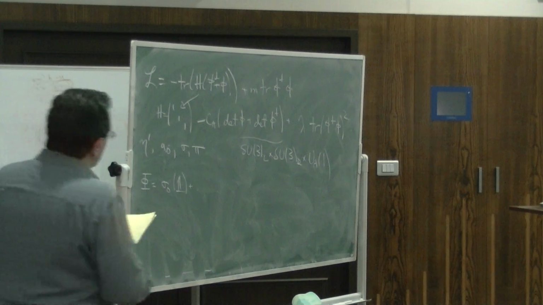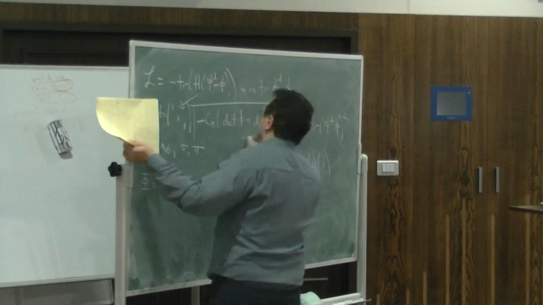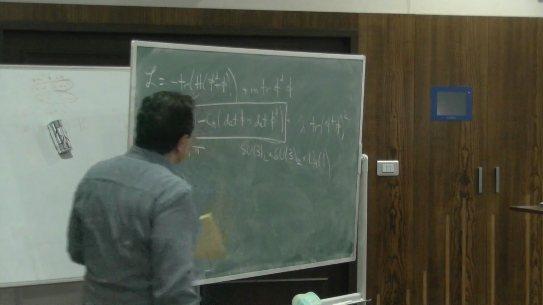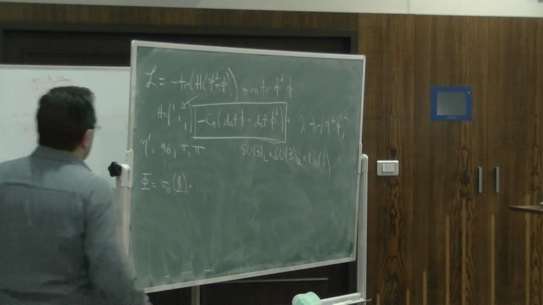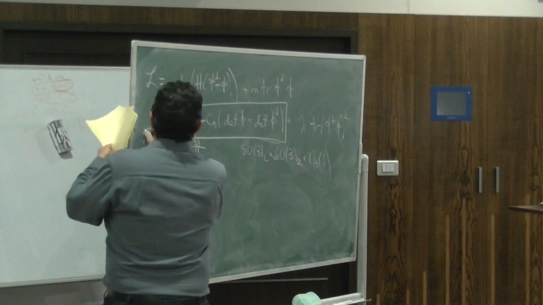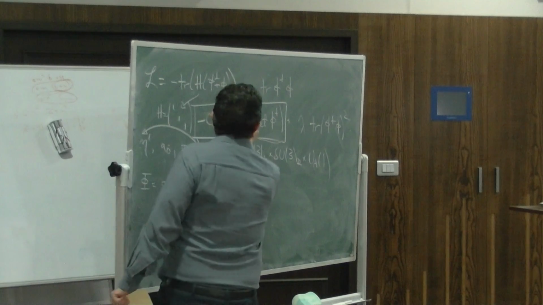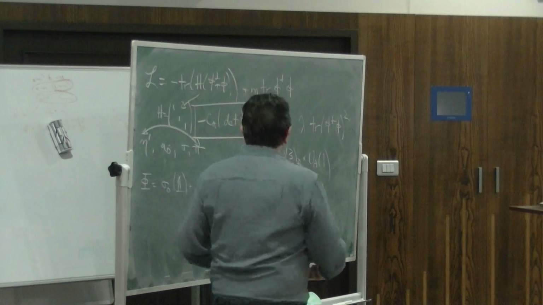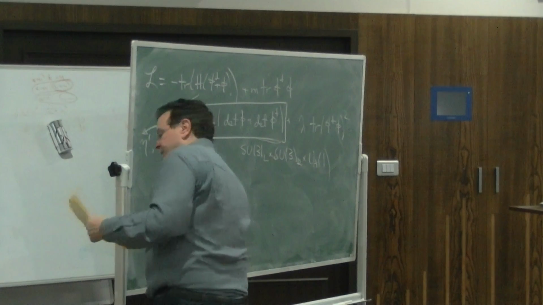But in fact, what I realized is that you only have to look at the expansion of this term, because this is the term that breaks the axial U(1) symmetry. This is the term that will split the eta prime from the pi. So if we just want to look at this mass splitting, we can just look at the expansion of that term. And that's what the exercise was then.